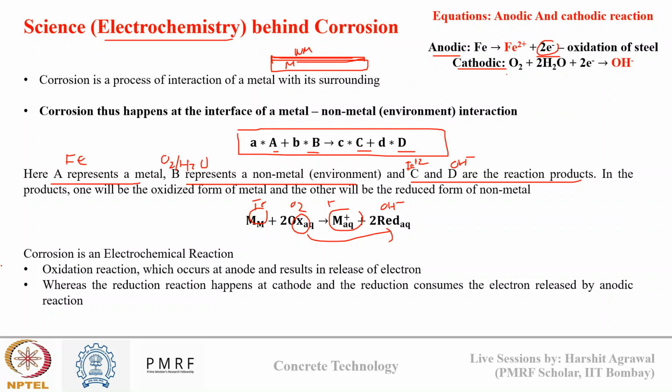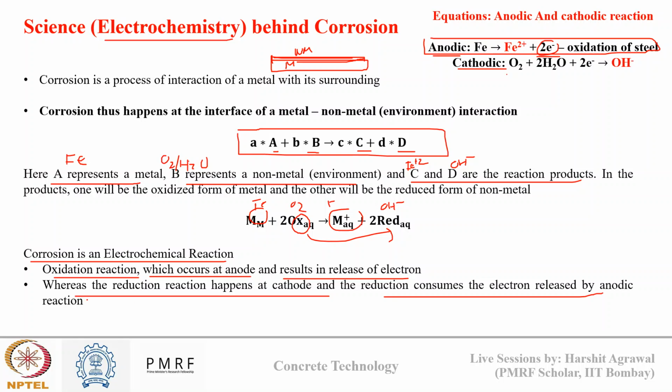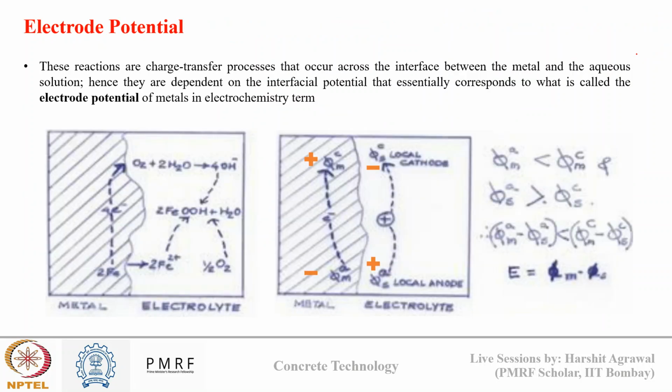So we say corrosion is an electrochemical reaction: an oxidation reaction which occurs at the anode and results in release of electrons, like you saw here, and a reduction reaction which occurs at the cathode which consumes the electrons released by the anodic reaction, which is this reaction. This is how we define the electrochemistry behind corrosion.